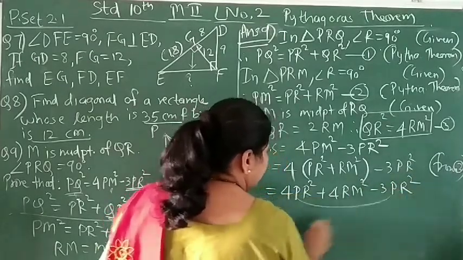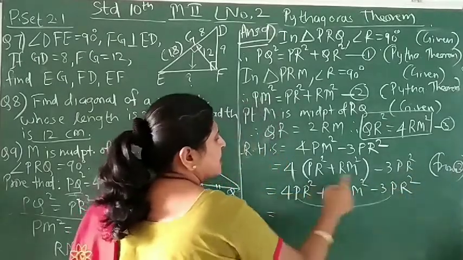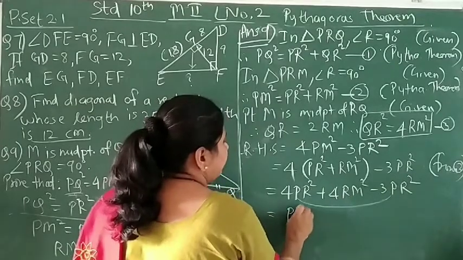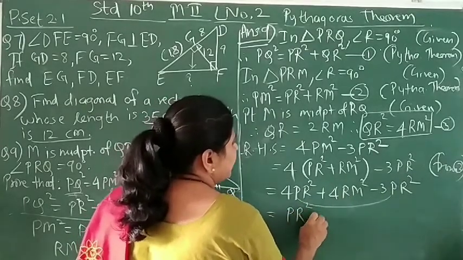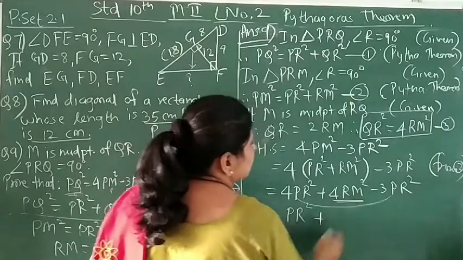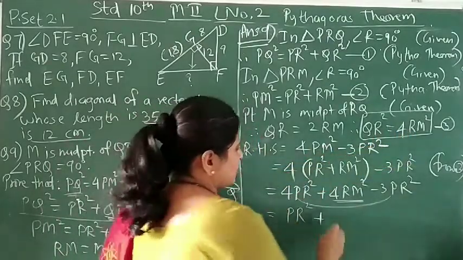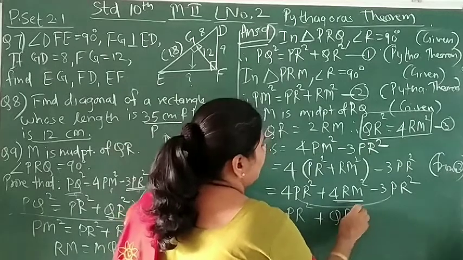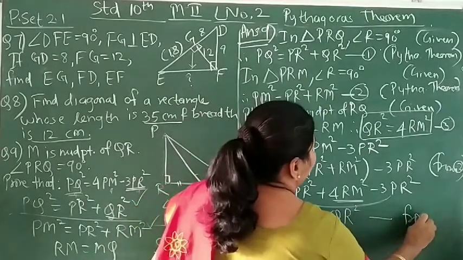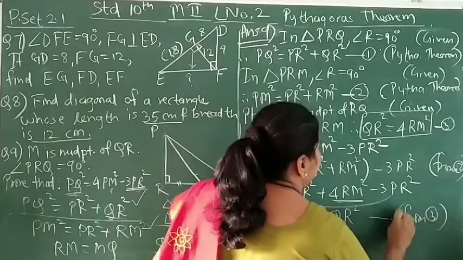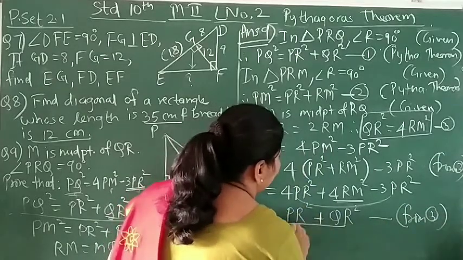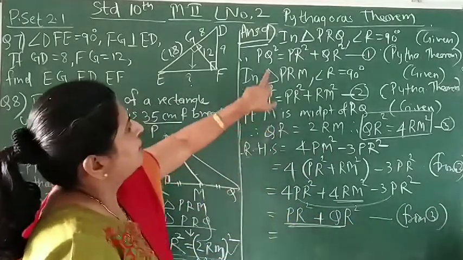Now subtracting 4 PR square minus 3, you get PR square one time, plus now this you have to replace: 4 RM square is equal to QR square, here you can write from 3, and now addition of these 2 is your PQ square.